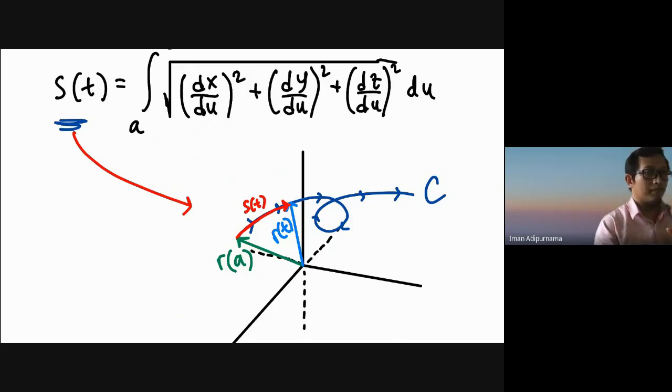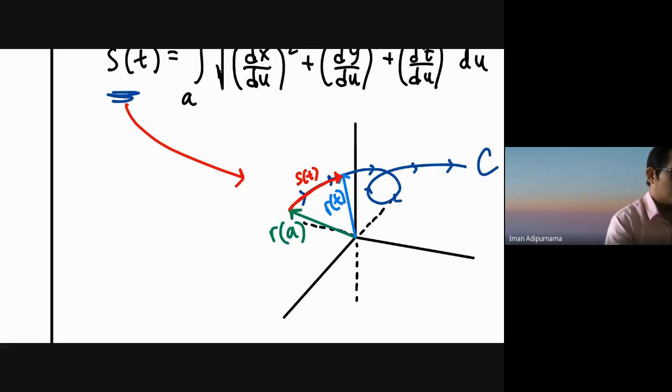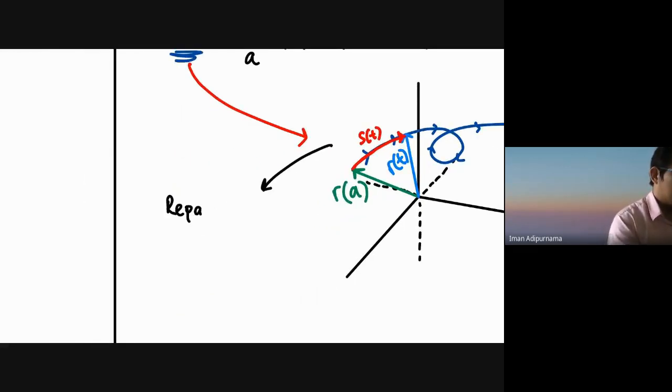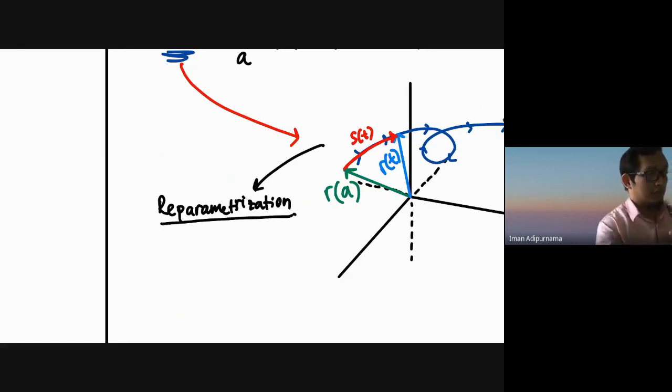So this is actually what we call reparametrization. Maybe at first we have a parameter, but we can reparameterize, using another variable to describe that function.